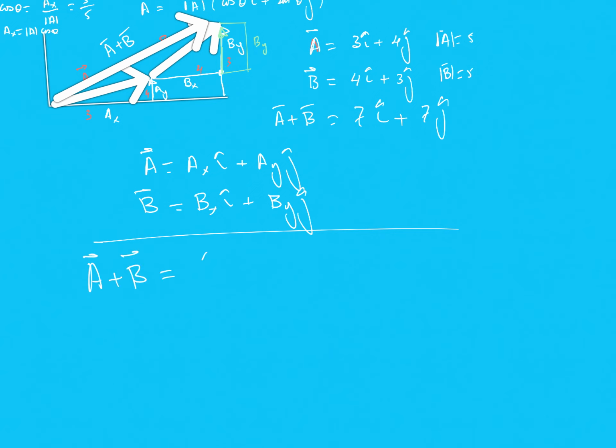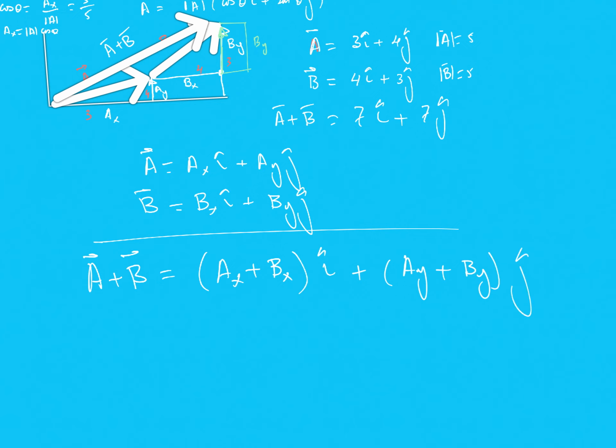The vector that represents the sum has components in the x direction of ax plus bx, in the i direction, plus ay plus by in the j direction.